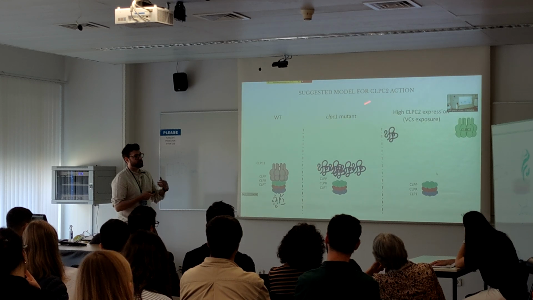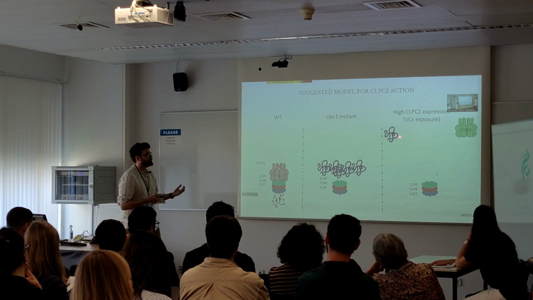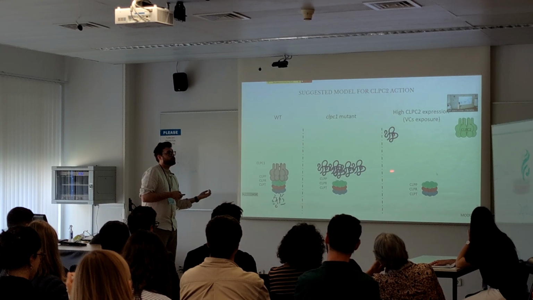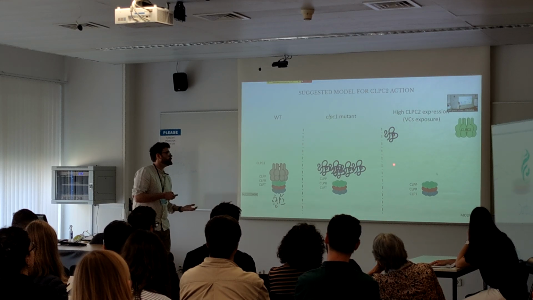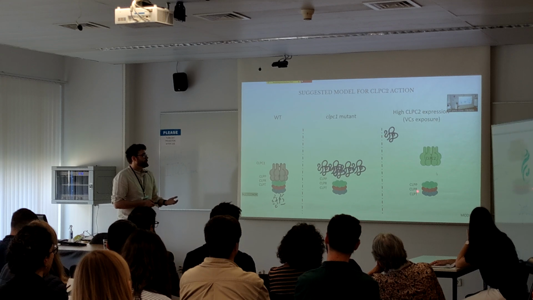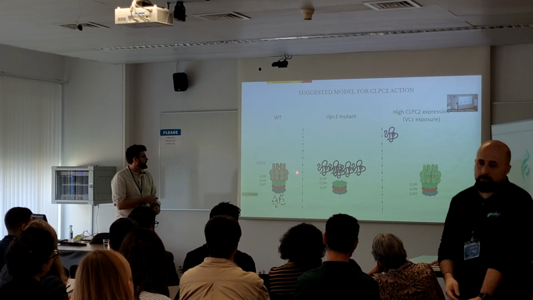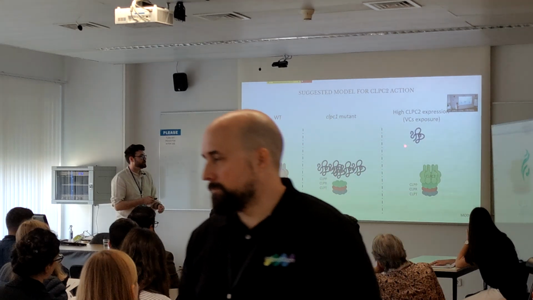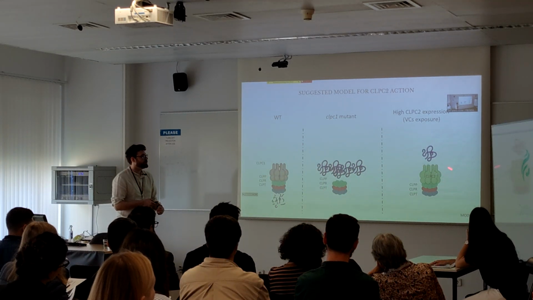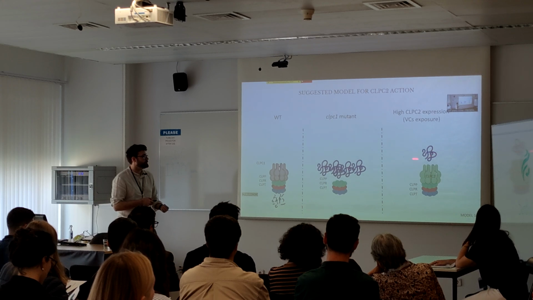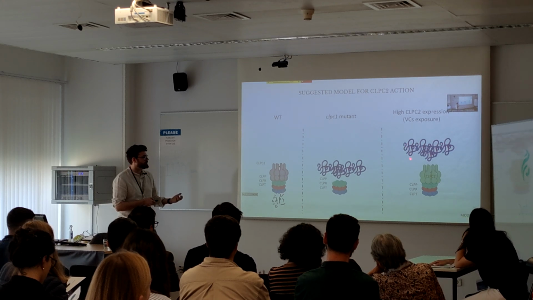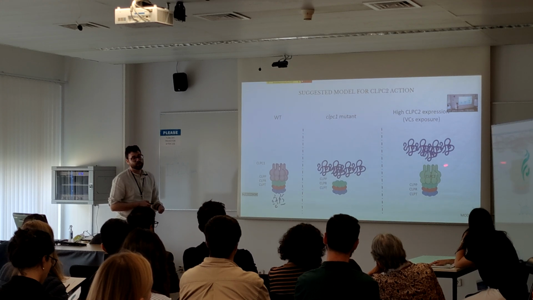In conditions like CLPC1 mutation, high expression of CLPC2, or volatile compound exposure, CLPC2 is in the same site as CLPC1. The CLPC2 ring doesn't recognize the misfolded proteins that are clients of CLPC1 and they overaccumulate, the same as in the CLPC1 mutant.